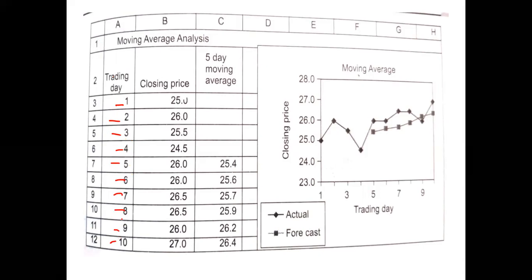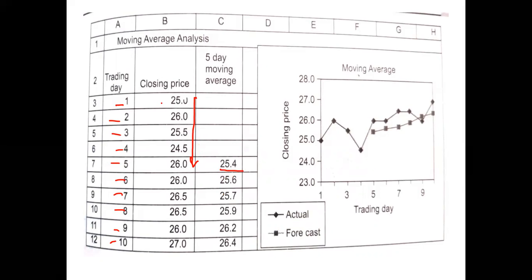Now we are going to calculate the moving average line. The closing price we know. For a 5 days moving average, we add all 5 days' prices, divide by 5, and we get 25.4.